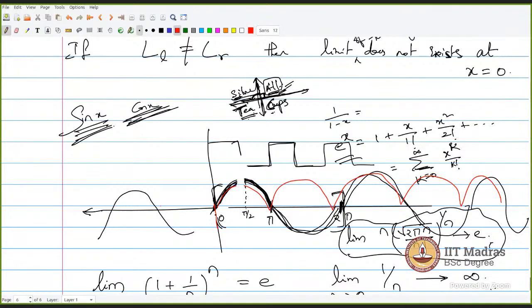Period is when it starts repeating itself in an exact manner. This sin x starts repeating after 2 pi, so that is why it is the period. From 0 to pi sine is not repeating itself. From pi to 2 pi it goes negative, and then it repeats once again. That is the period.